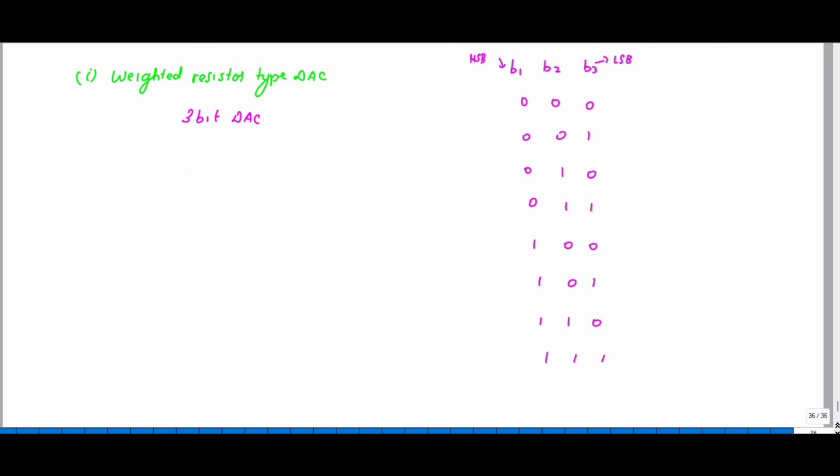So the general circuit diagram looks like this. It is connected to an inverting amplifier.